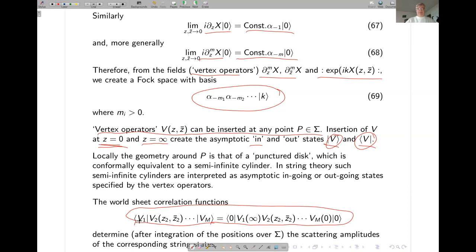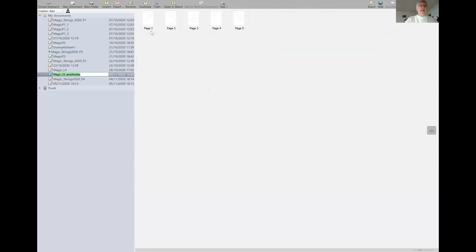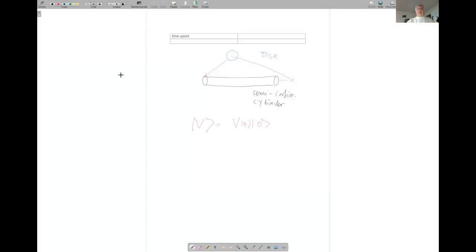There's some fine print to it, but before explaining the fine print, let me graphically illustrate what I've just talked about. So let's start with a situation where we insert a single operator in the complex plane. We can then take this to be the origin, and then I've drawn a disk around this point, and this would correspond to a string being created and propagating for a while.